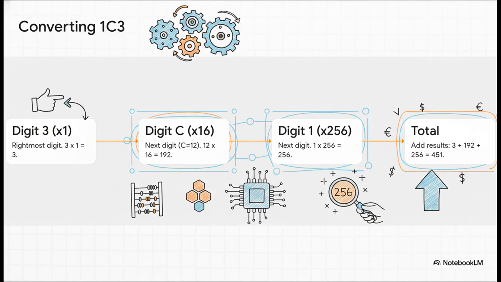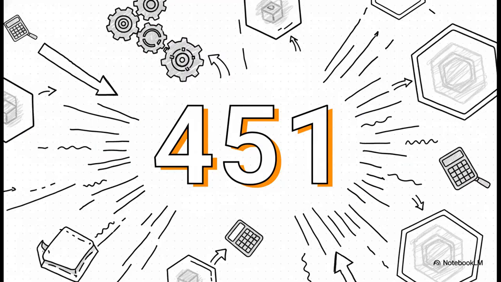And that 1 all the way on the left is in the 16 squared position, or the 256's spot. So 1 times 256 is 256. We just add them all together, 3 plus 192 plus 256, and we get 451. The pattern holds up perfectly. Once you get this rhythm down, you can convert any hex number. It doesn't matter how big it is.